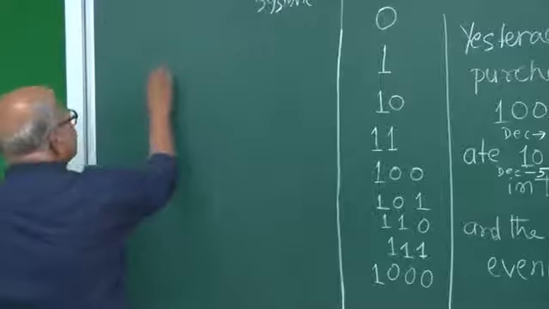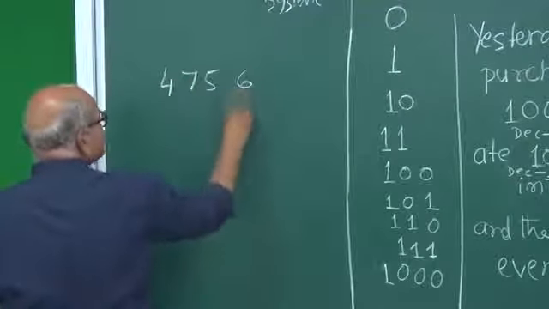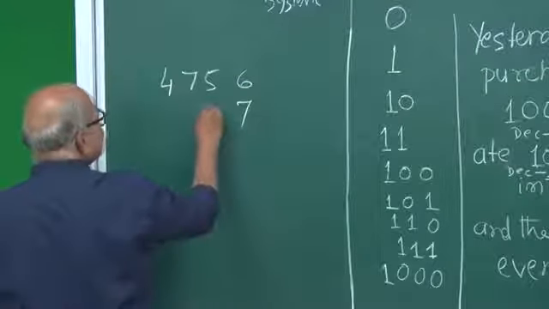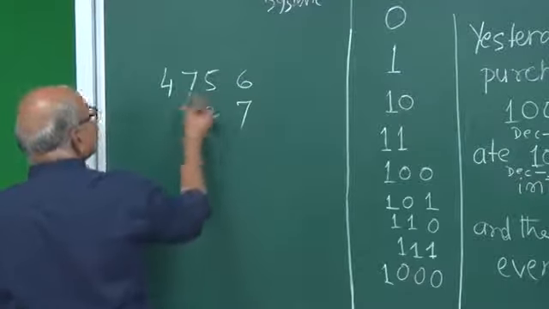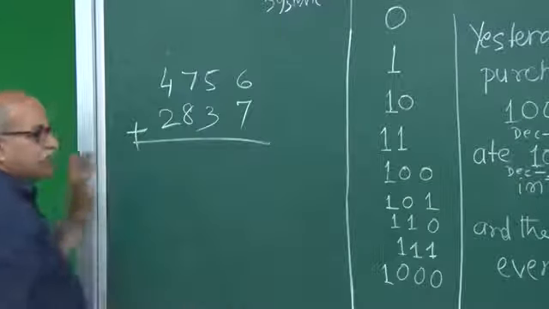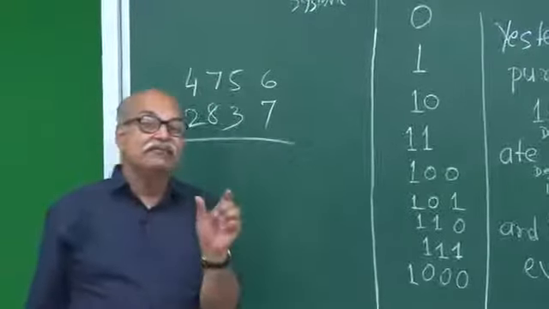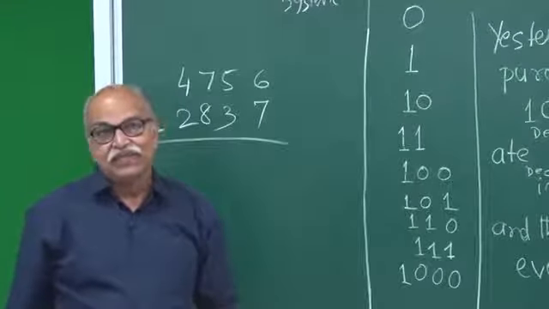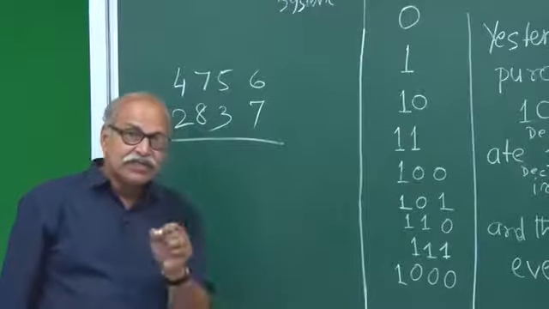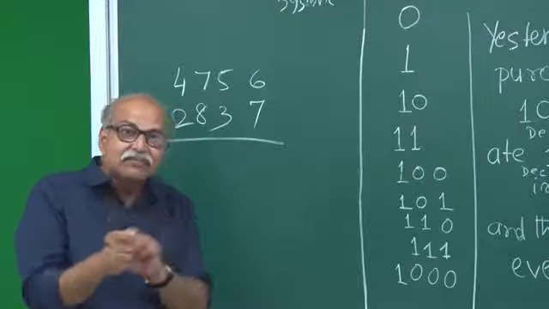So, let us take these numbers, let us say 4, 7, 5, 6. Then let us write 7 here, 3 here, some 8 here, 2 here. We have to add any two numbers to be added. What is the basic rules I should know? The basic rule that I should know is how to add two one-digit numbers.